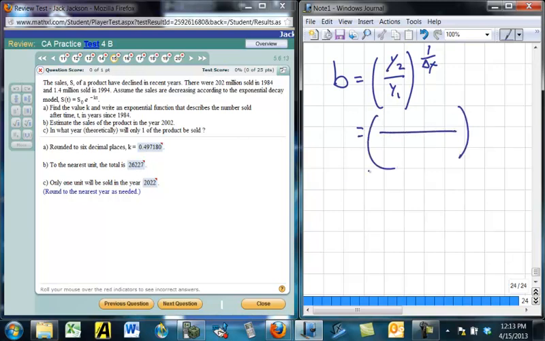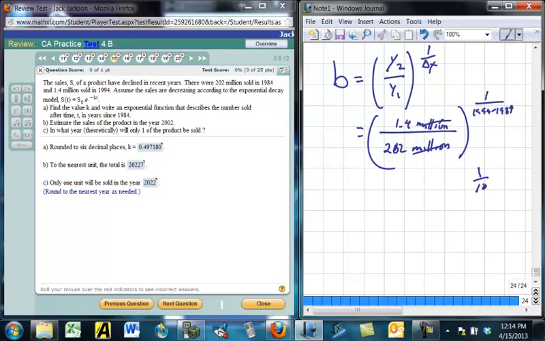The second y is 1.4 million, and the first y is 202 million. Of course, luckily the millions just cancel out. And delta x is 1994 minus 1984.